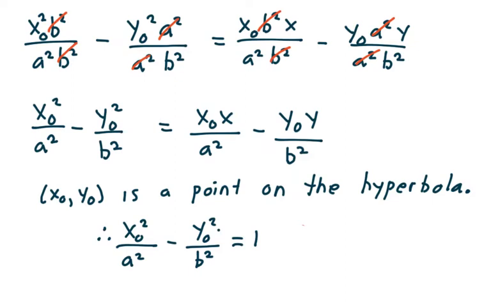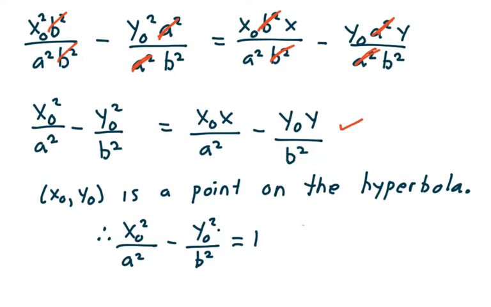So notice how the b squareds in the first term cancel, a squareds in the second term cancel, b squareds cancel over here, and a squareds cancel over here. And so I get x naught over a squared minus y naught over b squared is the same as x naught times x divided by a squared minus y naught times y divided by b squared.